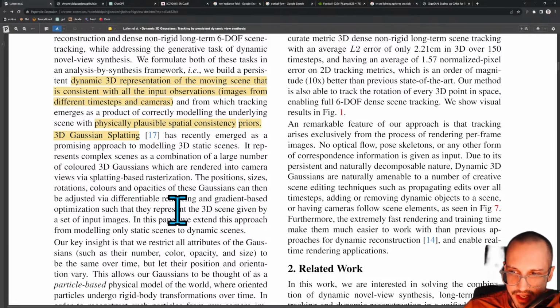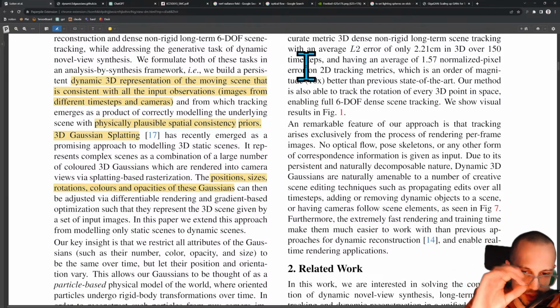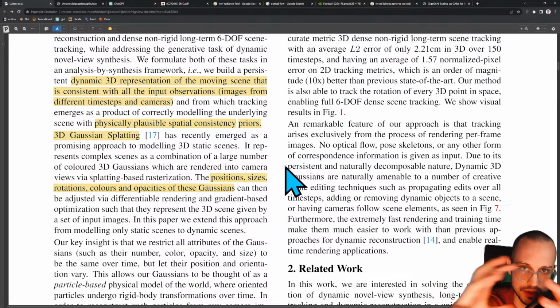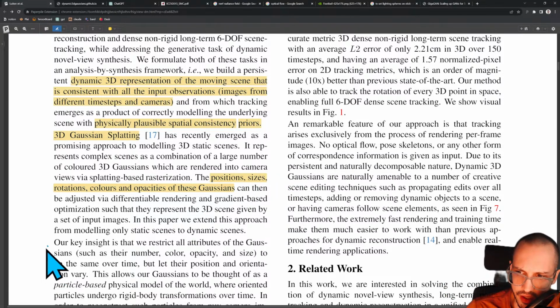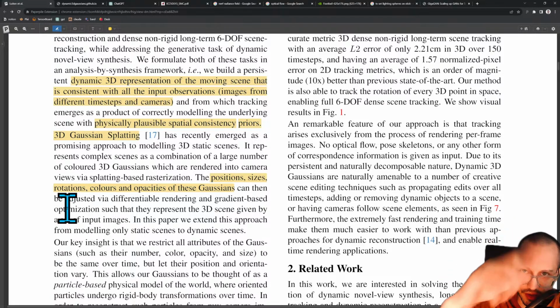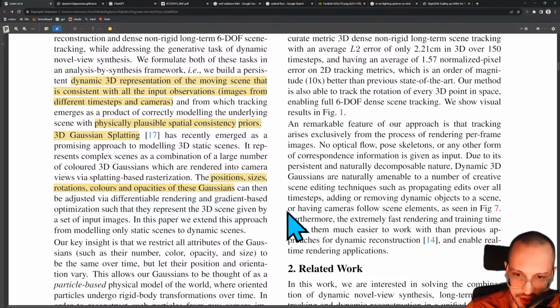The positions, sizes, rotation, color, and opacities of these Gaussians. So here are all the different parameters of one of these 3D Gaussians, right? It has some XYZ position, some XYZ size. The size is actually the covariance matrix, because the covariance defines how diffuse versus how concentrated that Gaussian is. Rotation in space, the color of it and the opacity, which is the see-throughness, can be adjusted via differentiable rendering.